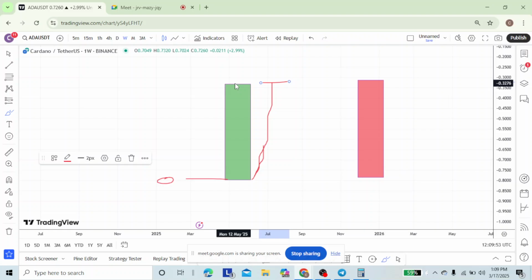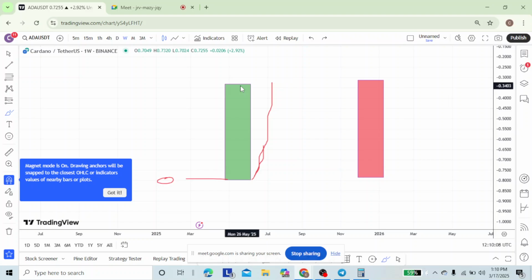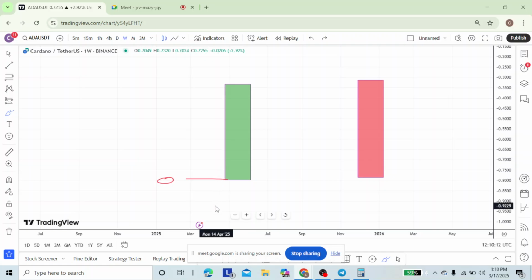If there were a wick at the top, it would mean that buyers pushed it up to this high before sellers pushed it back down and the candlestick closed. But here there was no pressure from the sellers at all. It was a total domination by the buyers. It opens here and then closes at the top.